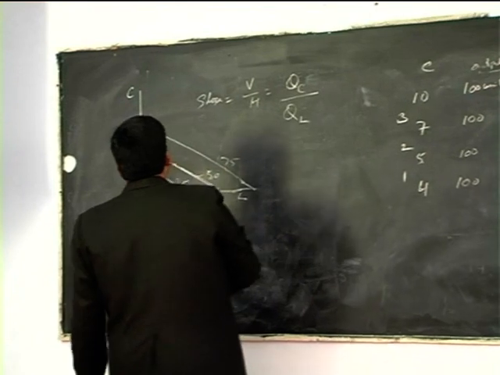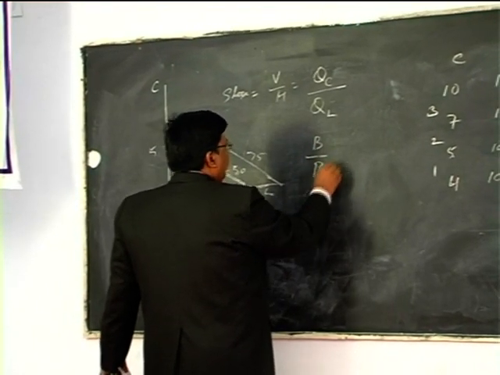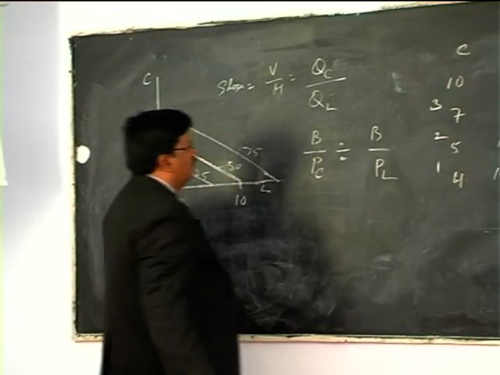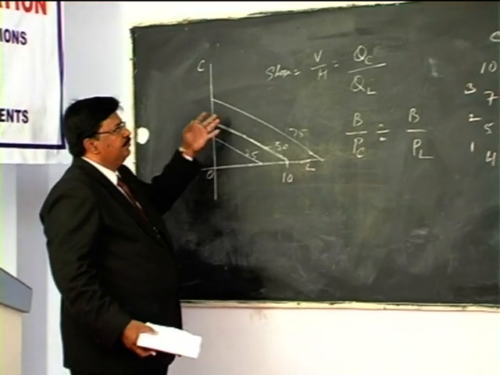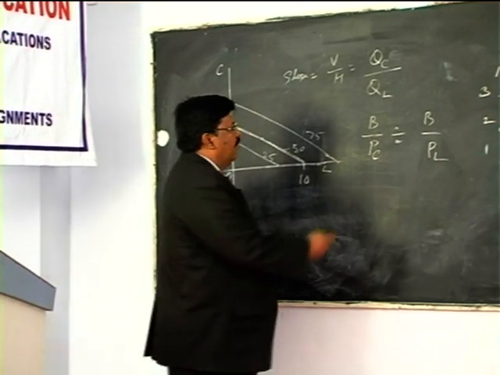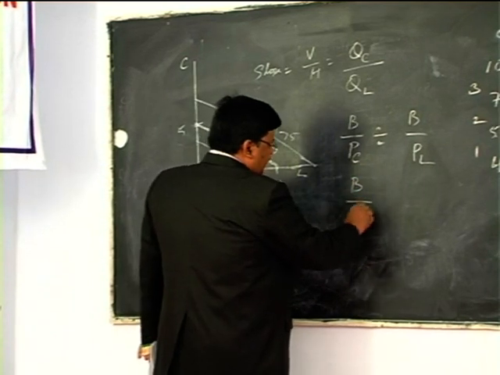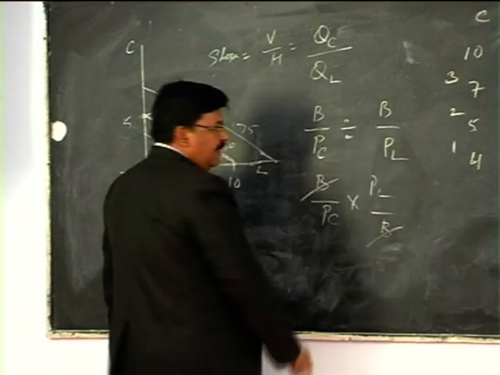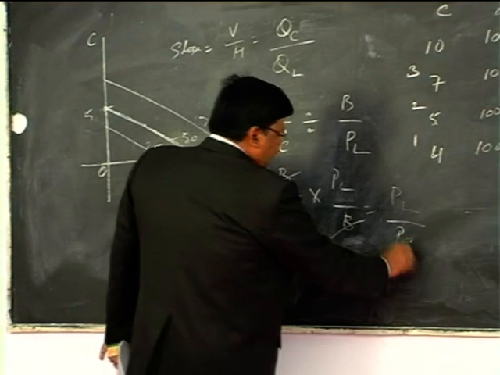How did we get the quantity of capital? Quantity of capital is nothing but total budget, 50, by the price, 10, that is 5. And quantity of labor is budget by price of labor. If you simplify this, budget by price of capital into price of labor by budget, the budget cancels out, and the result is the price of labor by price of capital.